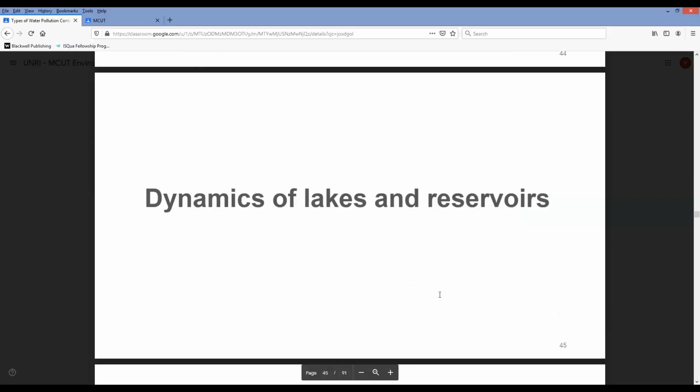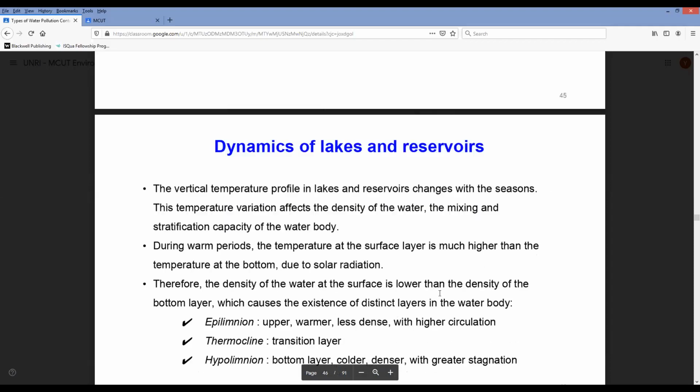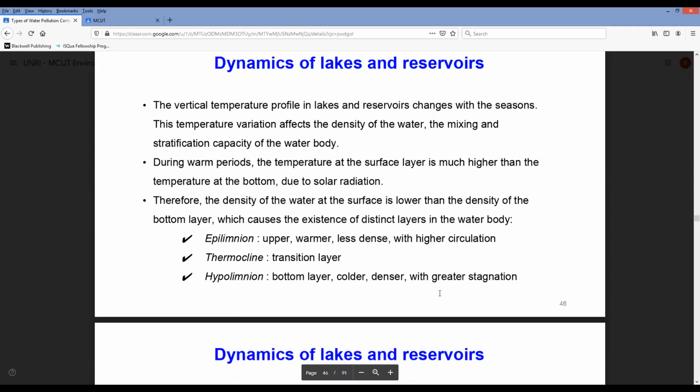Okay, and then this comes to the dynamics of the lake and reservoir. Next, please. The vertical temperature profile in the lake and the reservoir changes with the season. This temperature variation affects the density of the water, and then the mixing and the eutrophication capacity of the water body.